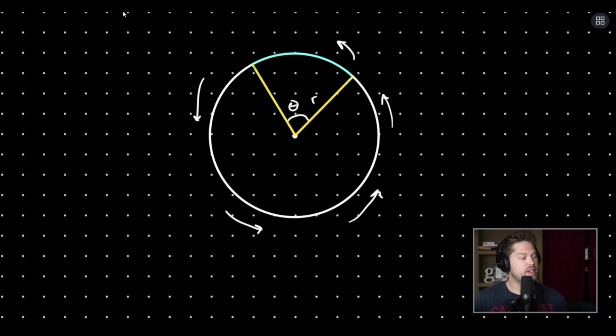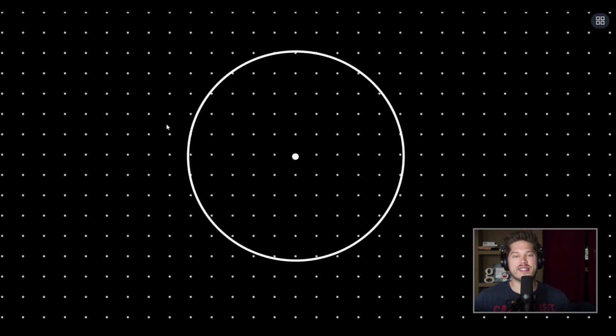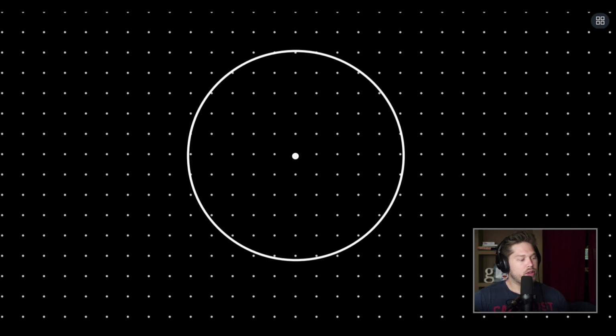Okay, so this is a key insight in understanding your central angle and your arc measure. So your central angle is congruent to your arc measure. Okay, excellent. So moving forward, let's draw in a central angle.